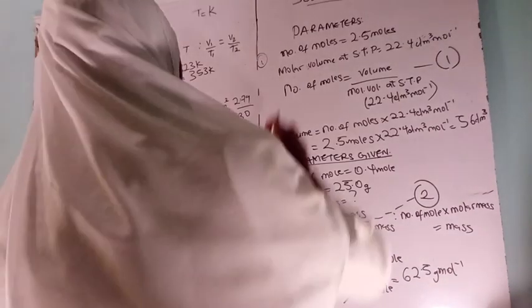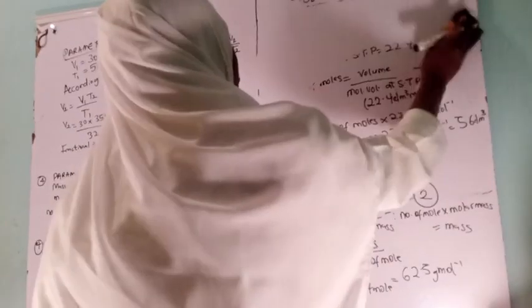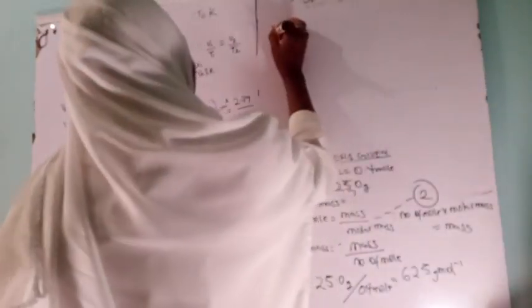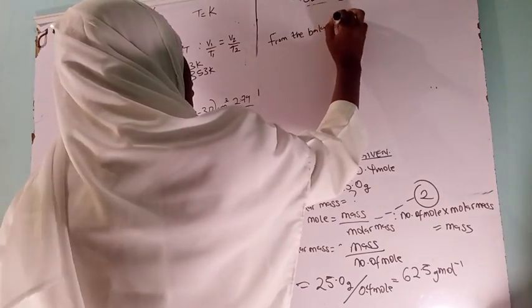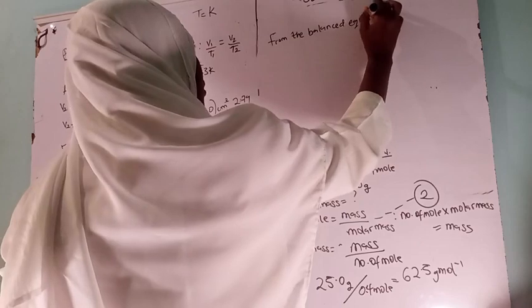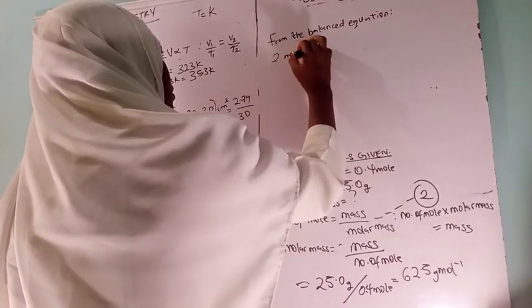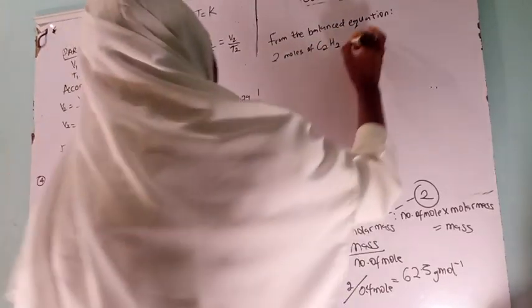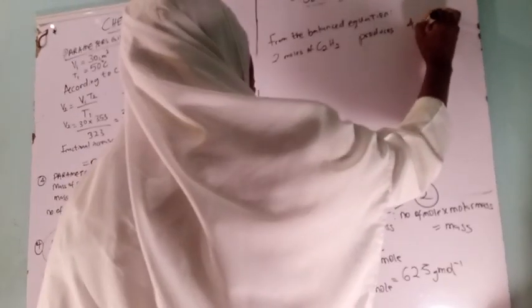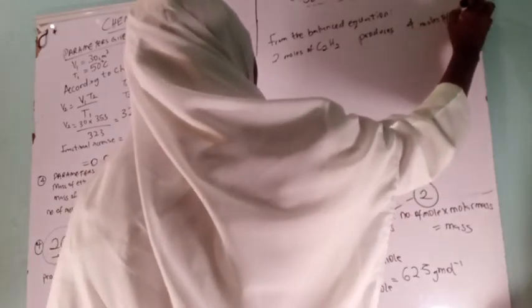Let me continue in this. Let me use this side of the board. Now, from the reaction, from the balanced equation, two moles of ethane produces 4 moles of carbon dioxide.